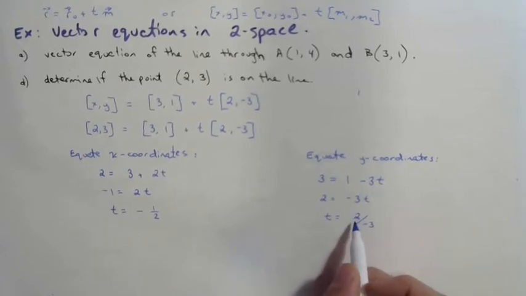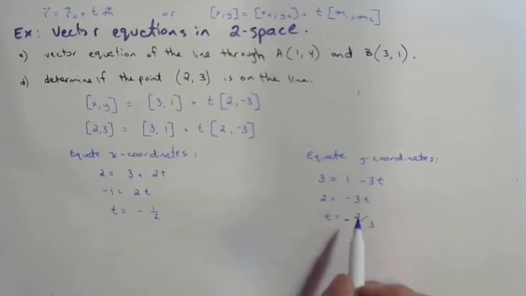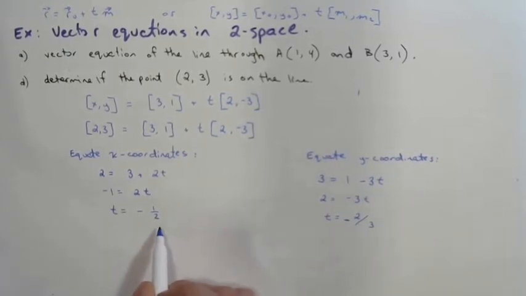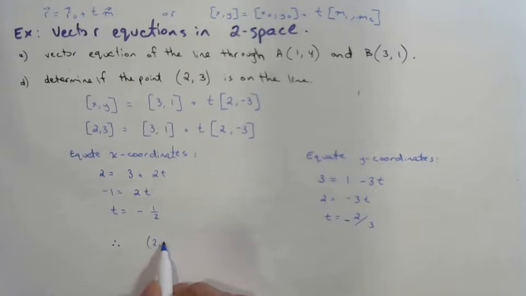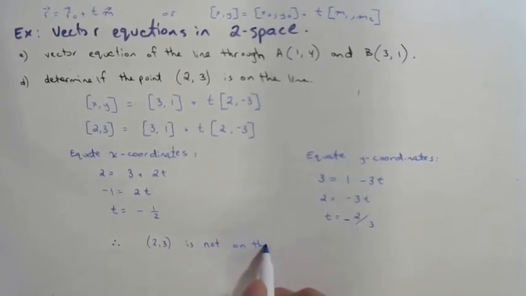A t value of -2/3 is going to equate my y coordinates, but a t value of -1/2 equates the x coordinates. That is not the same value. Therefore, 2, 3 is not on the line that goes through A and B.